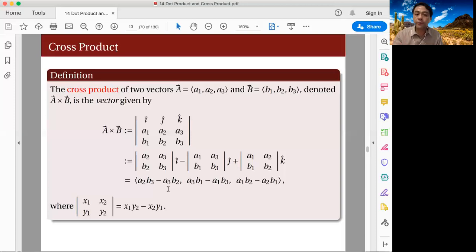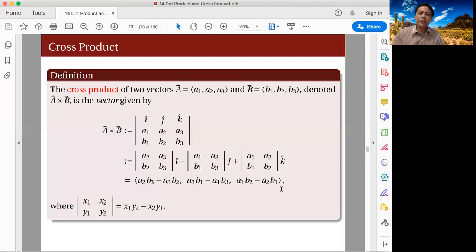That's your first component. And here you get the product of the main diagonal less the product of the off diagonal. But then you multiply by a negative sign. So that's why we have a change in positions here. That's the second component. And the last one is you get the product of the main diagonal minus the product of the off diagonal, and that will be our third component. It seems like we have a lot to remember for the cross product.